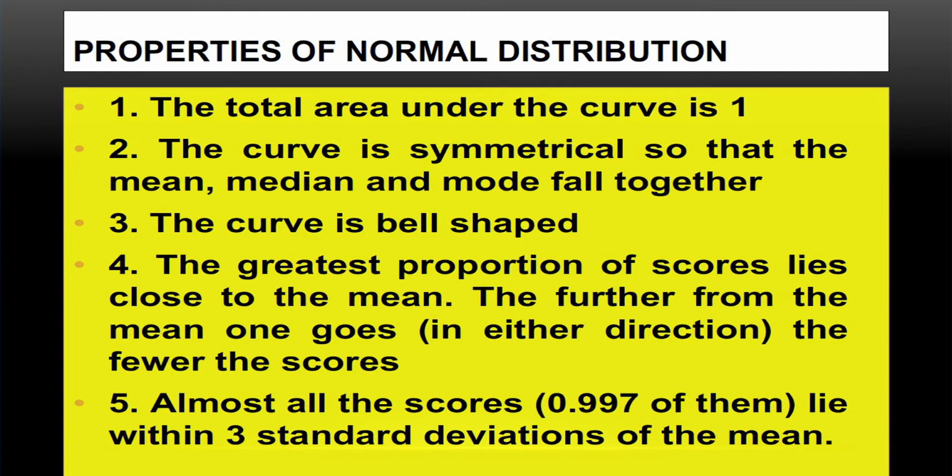Normal distribution is a family of distributions. Each of them has these properties. 1, the total area under the curve is always 1. 2, the curve is symmetrical so that the mean, median and mode coincide. 3, the curve is bell shaped. 4, the greatest proportion of frequencies lies close to the mean.